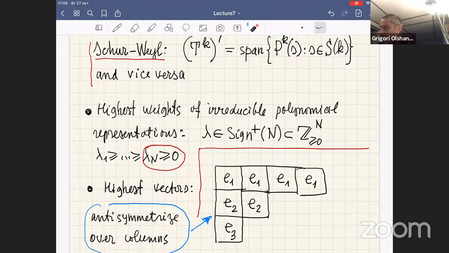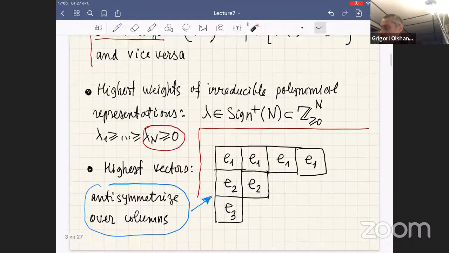These are not the only highest vectors, but these are some examples which suffice to describe all the irreducible sub-representations, all the irreducible components. There are multiplicities, so the highest weight vectors are not unique, but it's enough to produce some representatives of these highest weight vectors. They are constructed as follows.